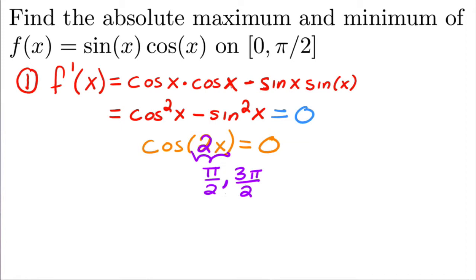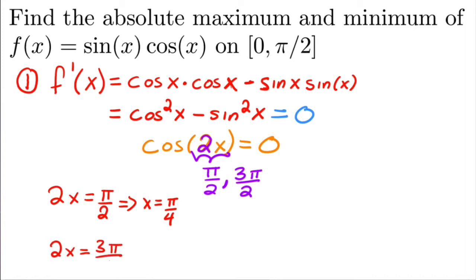Okay, so then remember, you set 2x equal to pi over 2, which means that x is going to equal pi over 4. So that's one of the values. And then if I solve 2x equals 3 pi over 2, I'll get x is equal to 3 pi over 4.